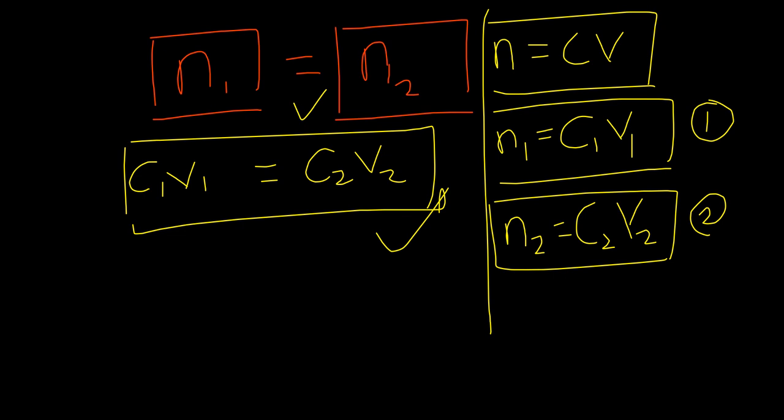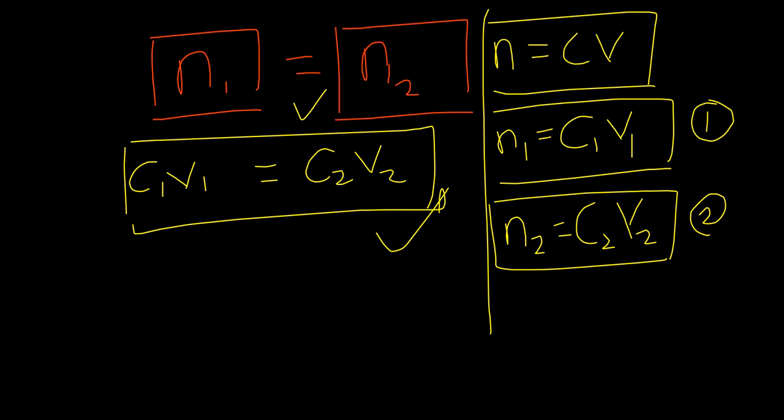V2 is the new volume of the solution after dilution, while C1 is the concentration of the solution before the dilution took place, and V1 is the initial volume of the solution before it was diluted. We need to keep this in our heads, and we are going to use this to solve some problems. I believe we can start with example number 1.